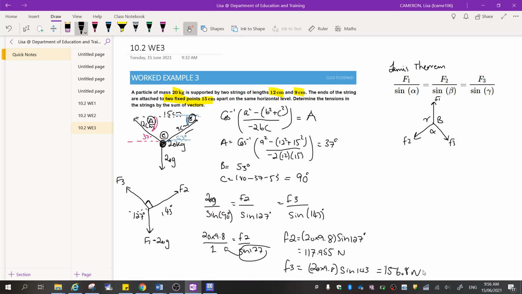Now, looking at my book, I think that I have accidentally mixed these two around. So the answer to this should be that, and the answer to this should be that. Okay, but that's how you figure out the tensions in the string. So instead of calling it F2, I'm going to call it T2. Instead of calling it F3, I'm going to call it T3.